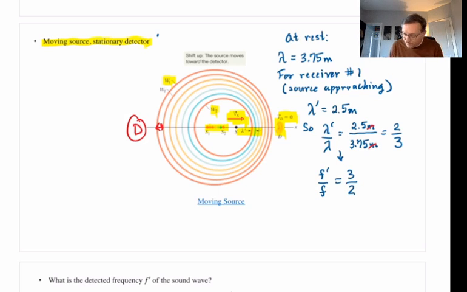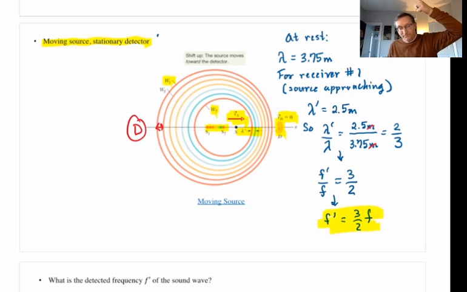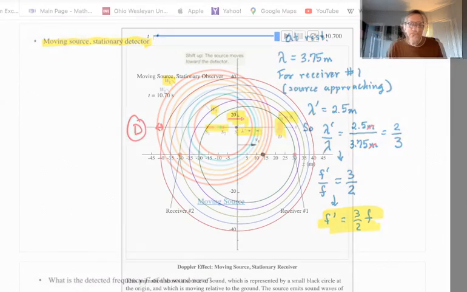Invert 2/3. So f prime is 3/2 times f. Point being, f prime is larger than f. The observed detected frequency is higher. Source moves towards receiver, detected frequency is higher. Okay? All right, now let's go back to the animation.